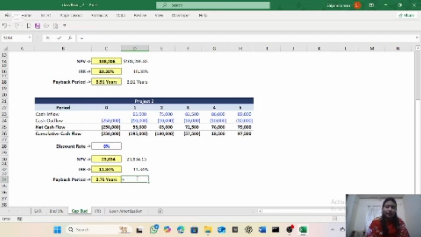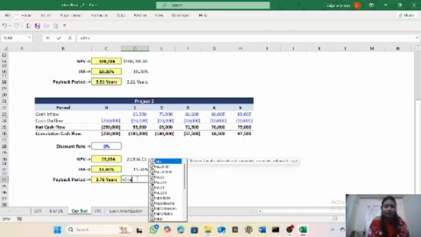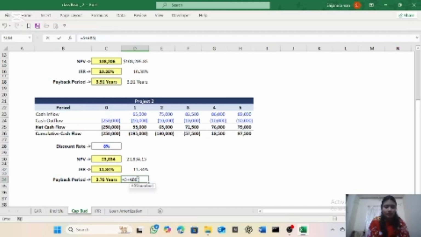Okay, now we have to create payback period. So equal, like project 1, here also our positive cash flow started from ending of the third year and beginning of the fourth year. That's why we have to add 3 plus our ABS formula, number would be third year's cumulative cash flow divided by fourth year's net cash flow, bracket close, enter.